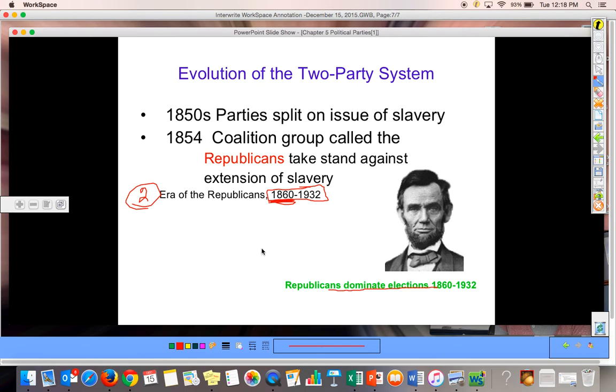So the first is the development and the founding, and it goes through the different eras that I just talked about. The second one becomes Abraham Lincoln in 1860 and goes up until the date where FDR is elected.